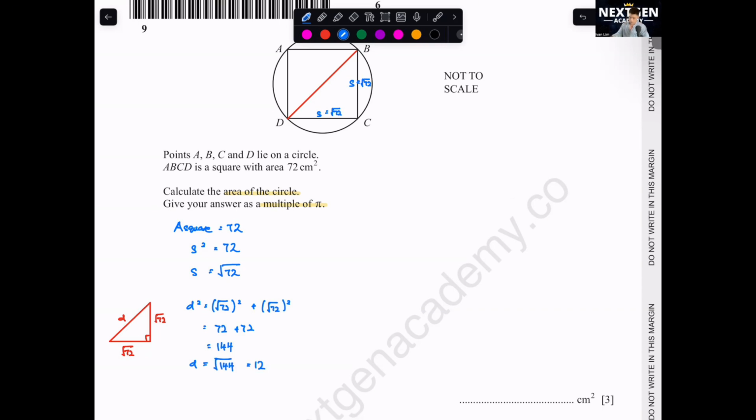After we have this, we find the radius, which is diameter over 2, which is 12 over 2, which equals 6. Okay, this is your radius. And then the final one, area of circle equals pi r squared, pi times 6 squared, 36 pi.